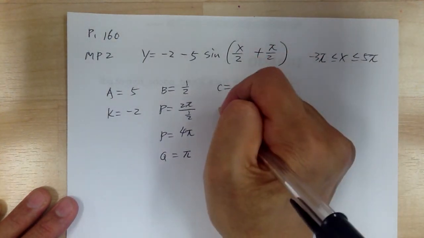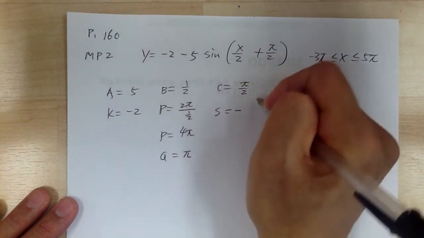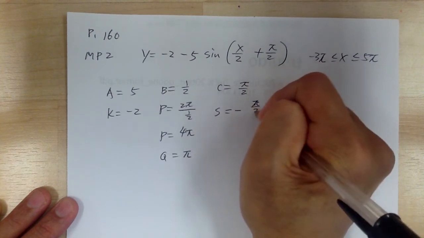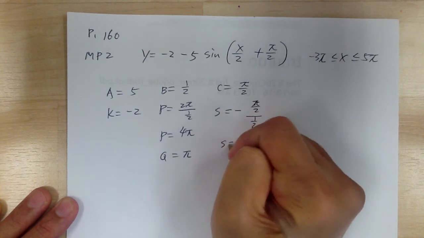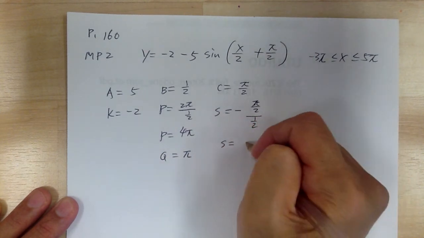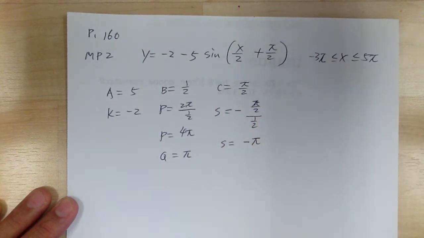Then over here, S equal to -C over B, so S equal to -pi. Okay, so that's all the information.